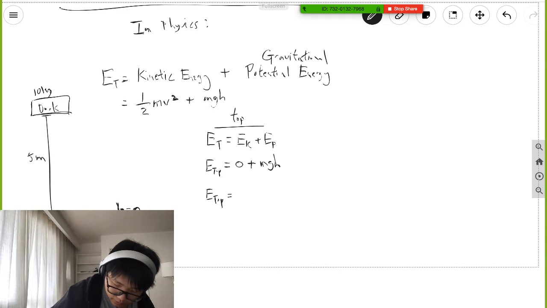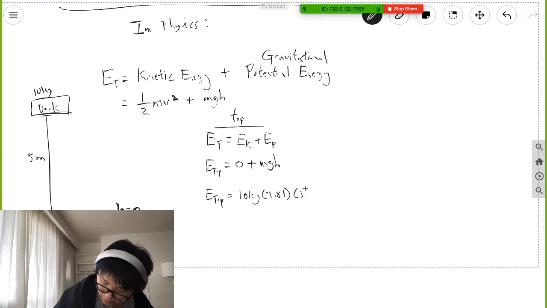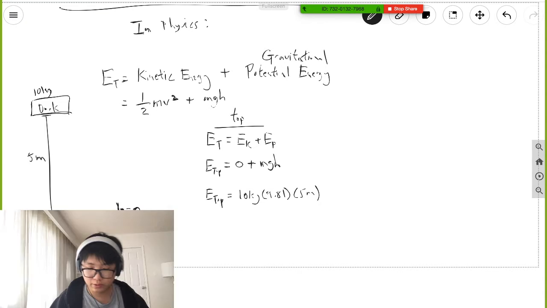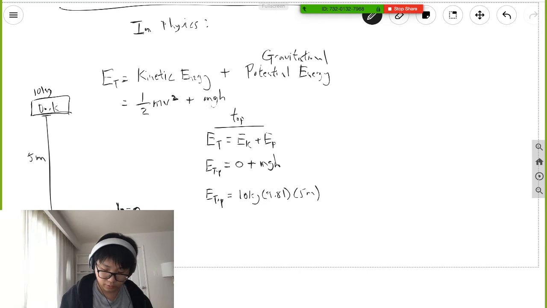It's going to be 10 kilograms times 9.81 times the height, which is 5 meters. Make sure they're in SI units, right? Meters per second, meters, kg. If we multiply all that together, we should get 490.5.